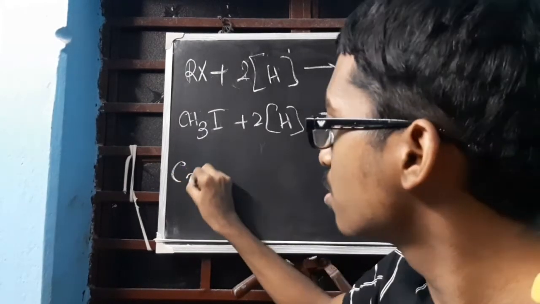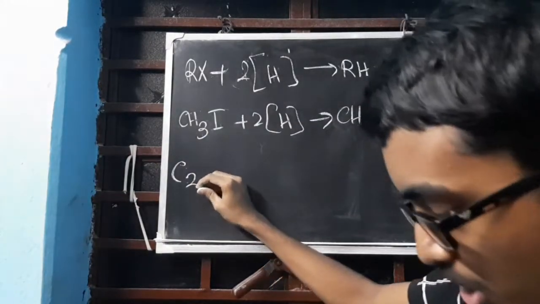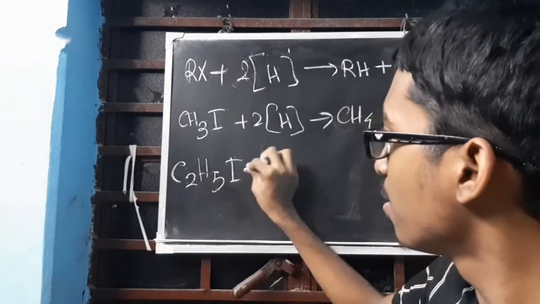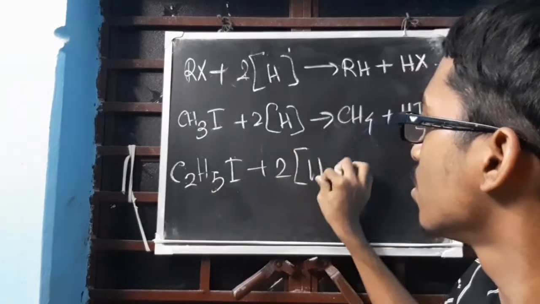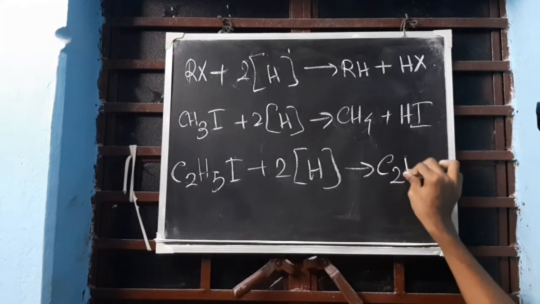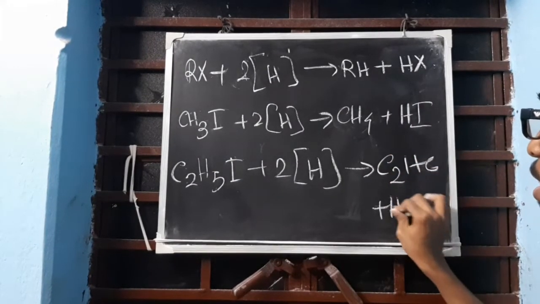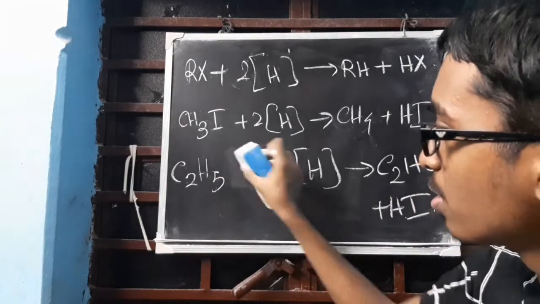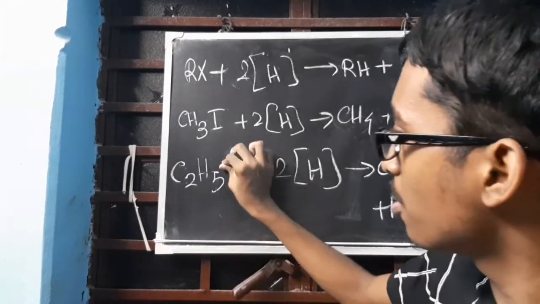Now instead of this, if we put C2H5, then we will get C2H5I plus 2H gives you C2H6 plus HI. Clear? Let's keep it Br only.